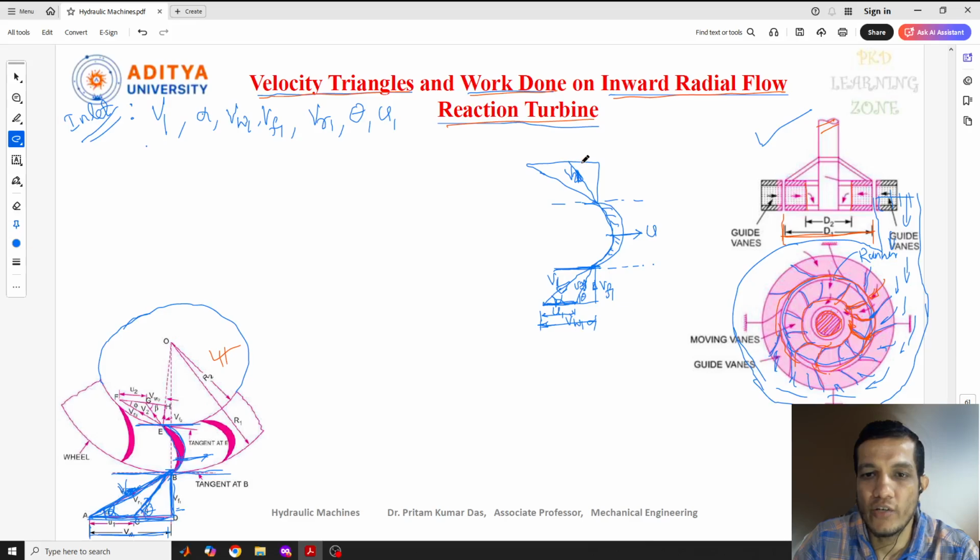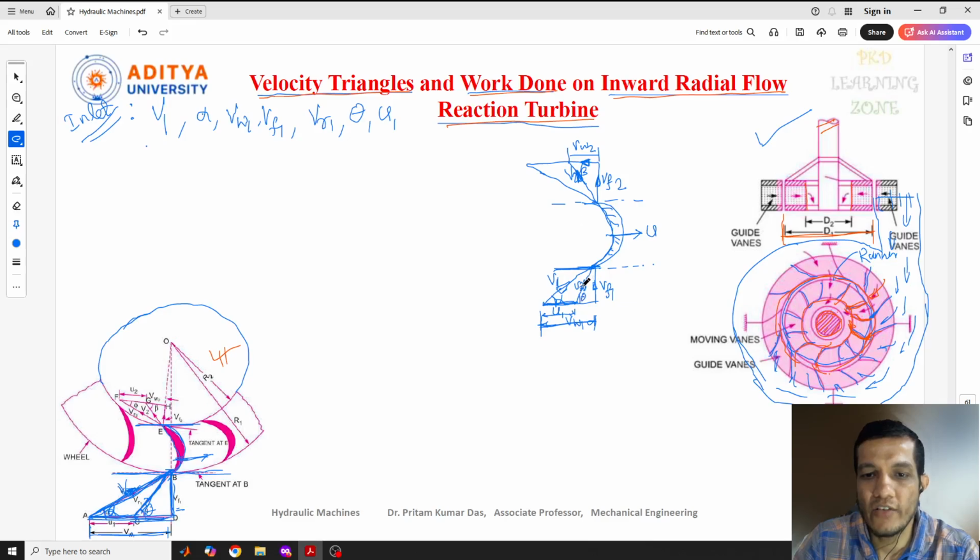On the opposite side, it will make an angle of beta here. And what is the length with respect to this one? This is VW1. Here it will be VF2, the vertical component of V2, and this is the horizontal component of V2, which is nothing but VW2, and the direction will be like this.